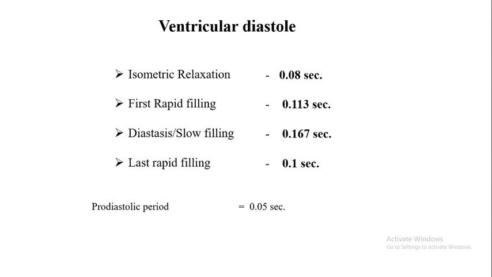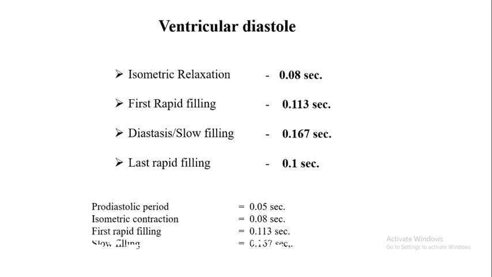So the total of the ventricular events is summed as the protodiastolic period of 0.05 second, isometric relaxation phase 0.08 second, first rapid filling phase 0.113 second, slow filling phase 0.167 second, and last rapid filling phase 0.1 second. The sum total of all this is 0.5 second.